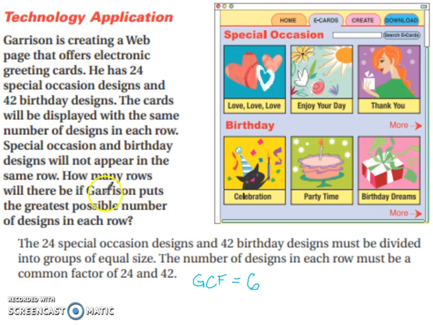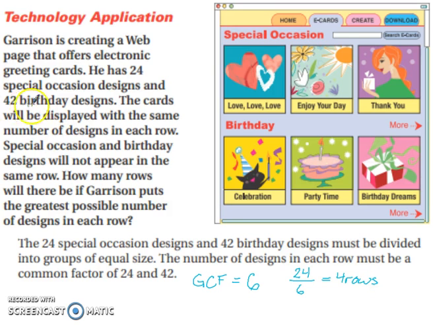So how many rows will there be if Garrison puts the greatest possible number of designs in each row? We have one more step. We have our 24 special occasion designs divided by our 6 designs per row. So that gives us 4 rows.